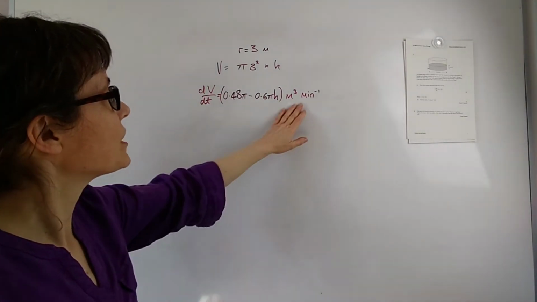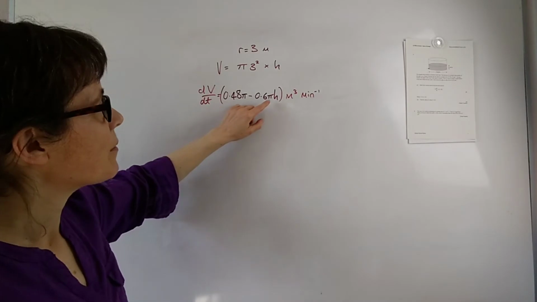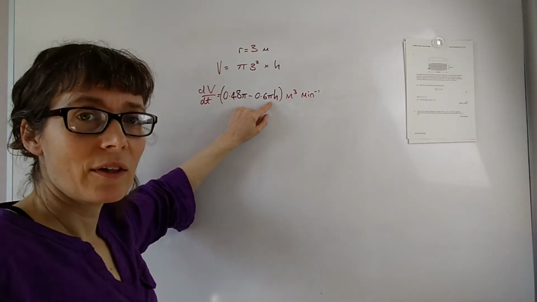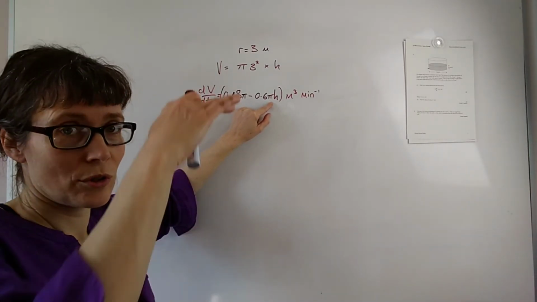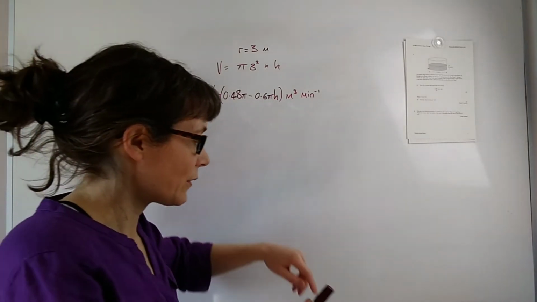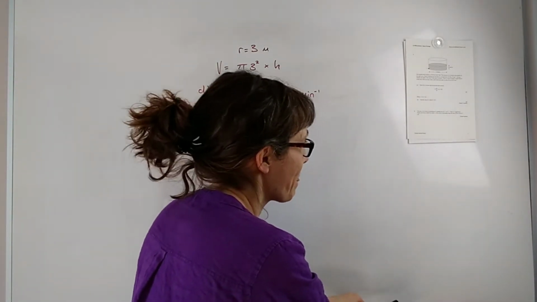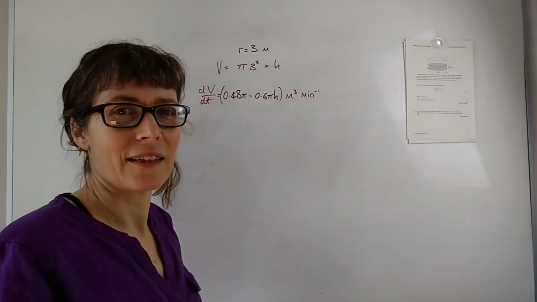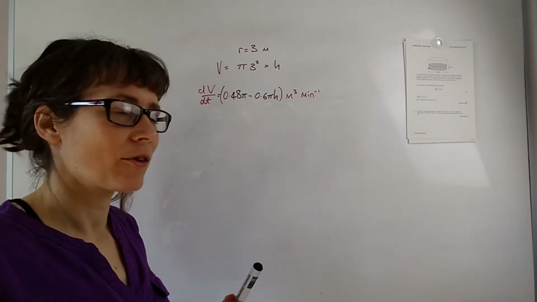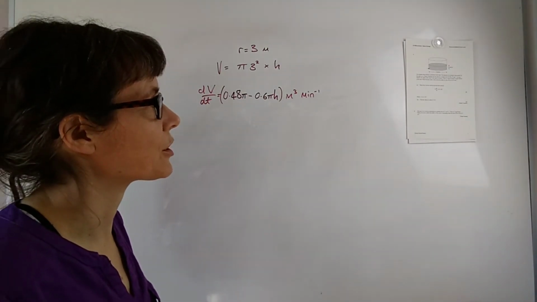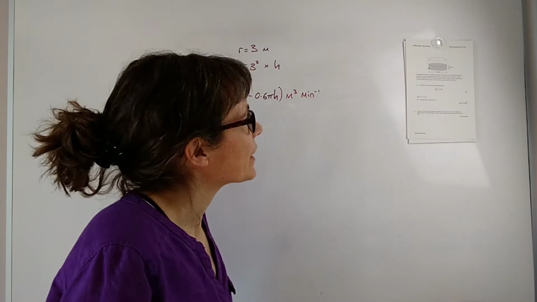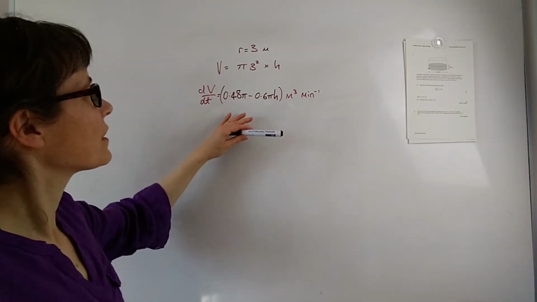You'll notice the rate it's flowing out is proportional to the height of the water in the tank. That's realistic. The more water you've got in the tank, the faster it's going to flow out, just due to the pressure.